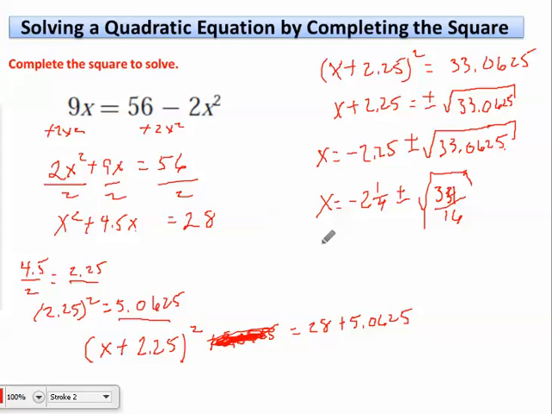Okay? X is equal to 2 1/4 plus or minus 1/4 times the square root of 34. That's probably how I would leave it.